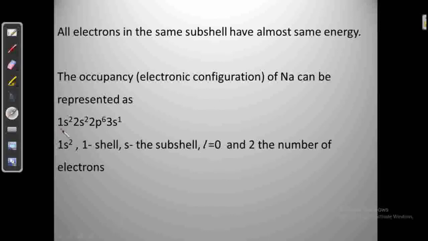Then L equal to 0 can accommodate 2 into 2l plus 1 electrons, that is 2 into 1, that is 2 electrons. So the K shell can accommodate only 2 electrons, that is 1s2 for the K shell.